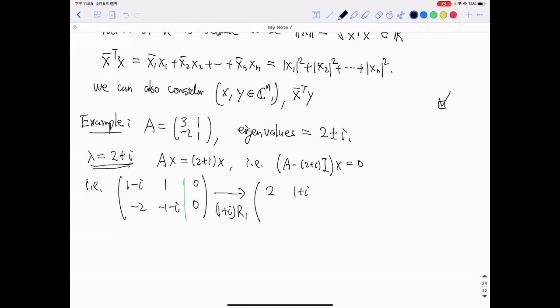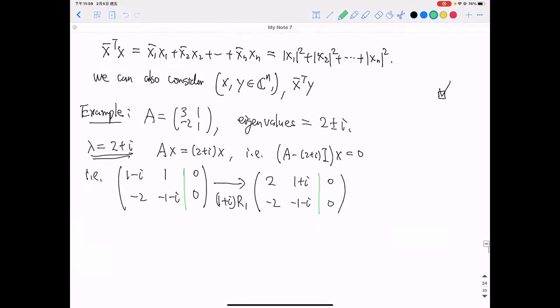So we get 2, 1 plus i, 0, minus 2, minus 1 minus i, 0. And then you see that the two equations are actually the same equation, because they differ by a minus 1. So you really just have 2x1 plus (1 plus i)x2 equal to 0.